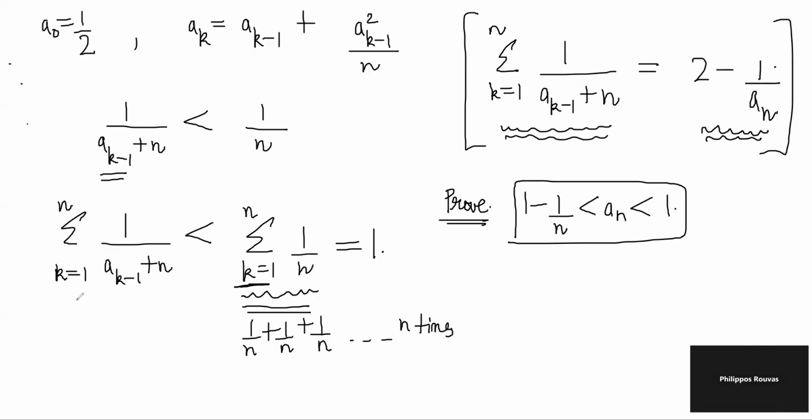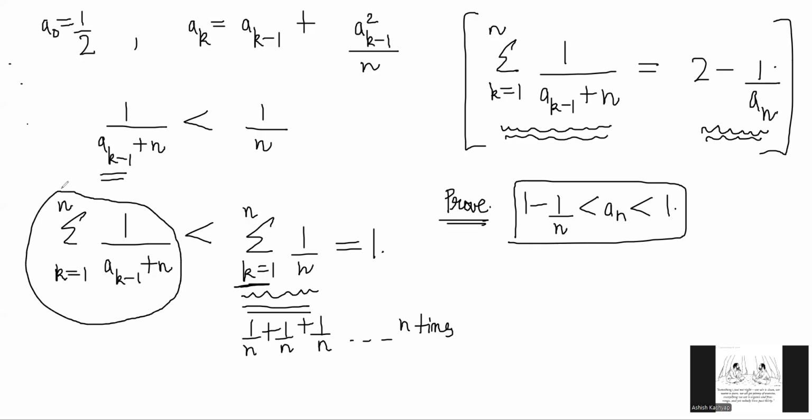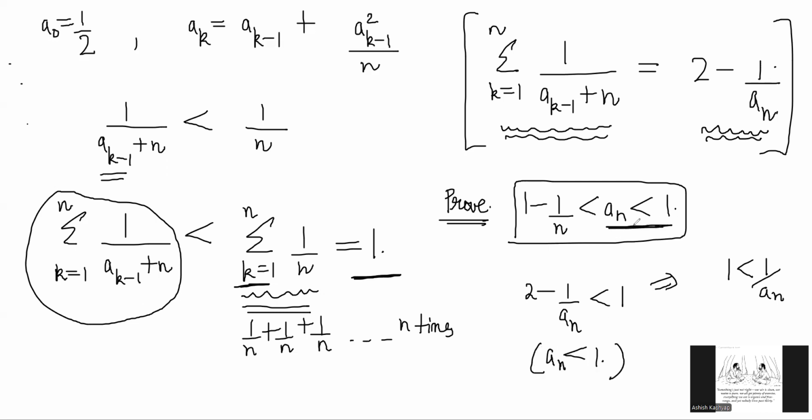Yes. So therefore, we have gotten that this summation is less than 1. And that basically means that 2 minus 1 by an is less than 1, which basically gives us 1 is less than 1 over an, and which means that an is less than 1. So we have proved the second part of it now.